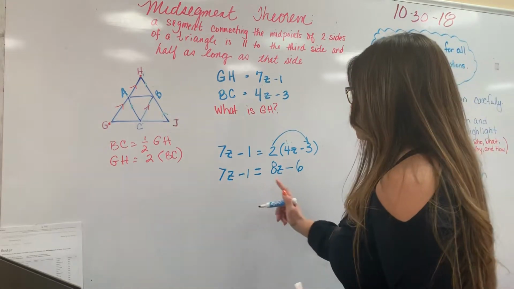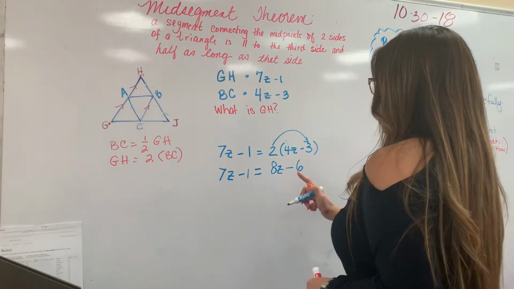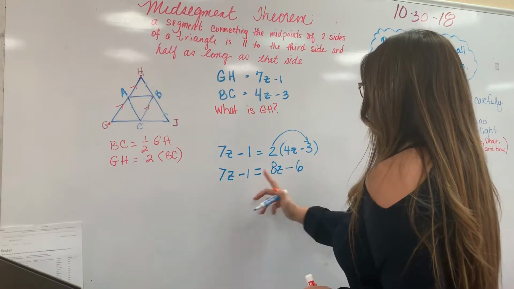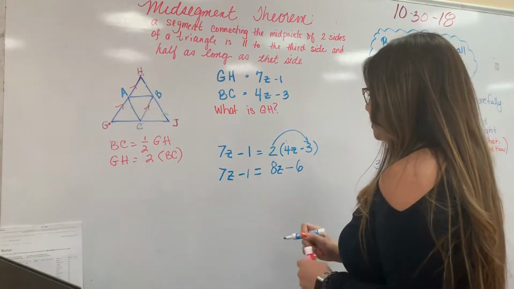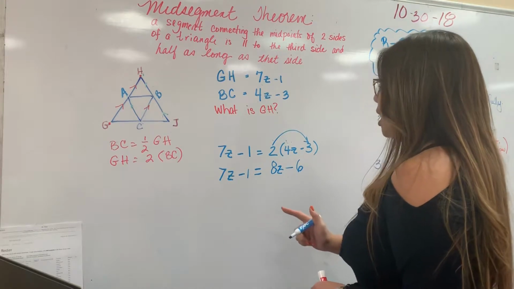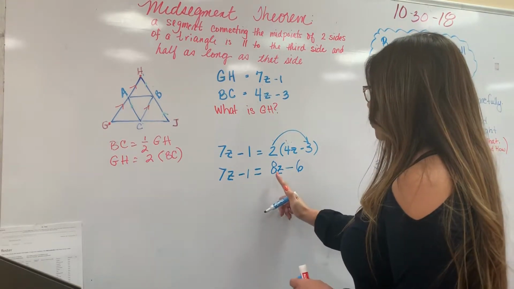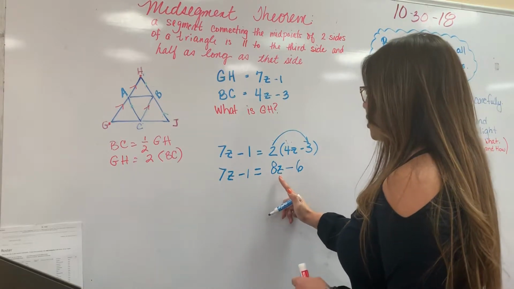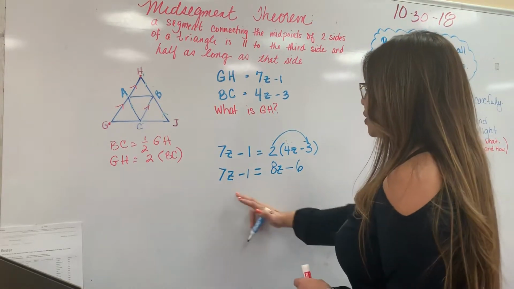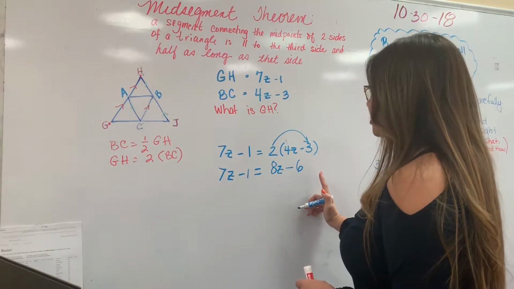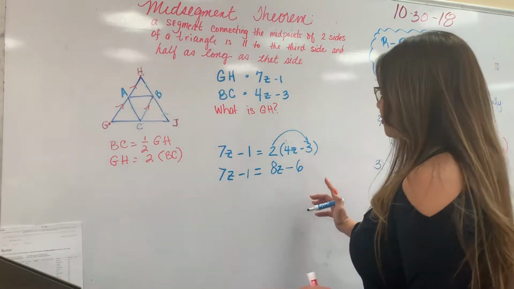The next step is that we're going to separate our variables from our non-variable numbers. I like to keep them all together. And because in this situation 8z is greater than 7z, I'm going to bring the 7z over to the other side of the equal sign so I don't have to deal with a negative number.